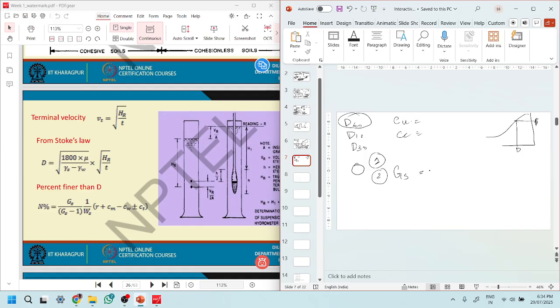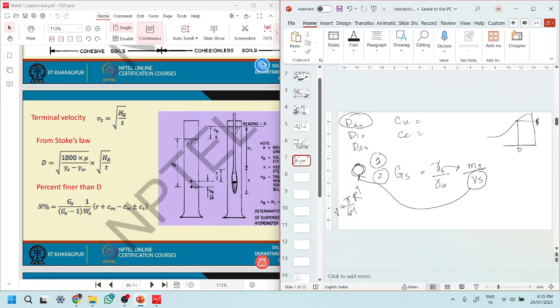Your specific gravity is the density of solids over the density of liquids. Now this density of solids is mass of solids by volume of solids. So this volume we can assume from this sphere, say pi by 6 d cubed, let us say that this is the volume of the sphere.